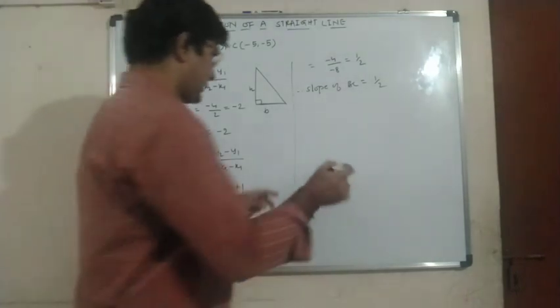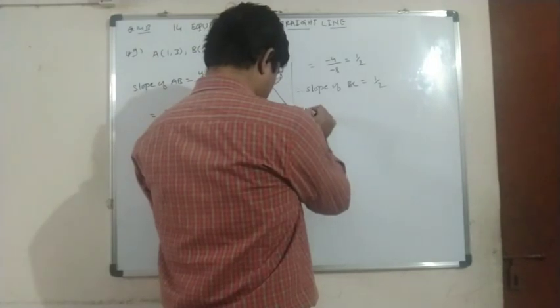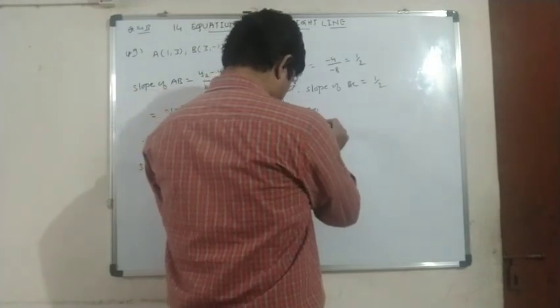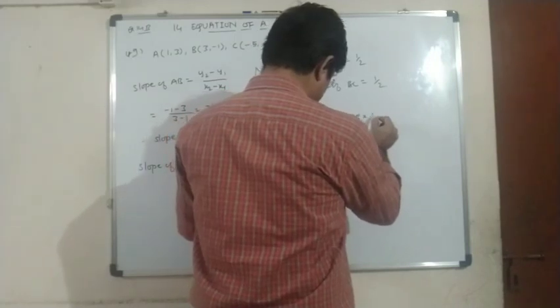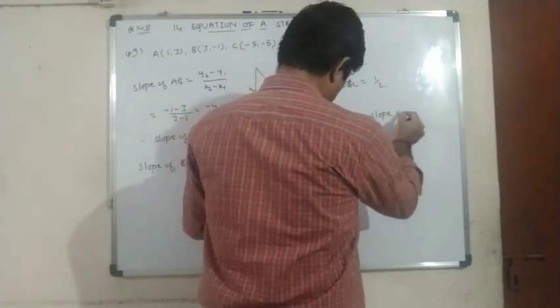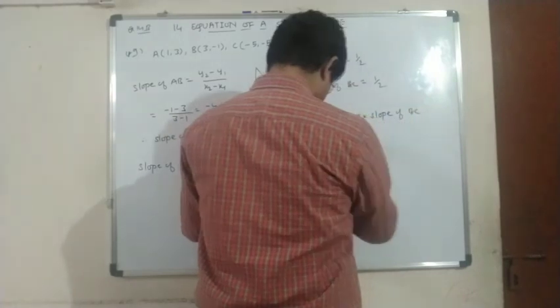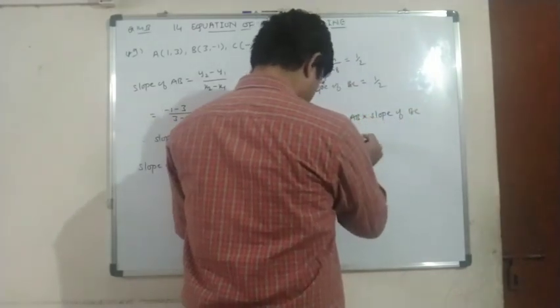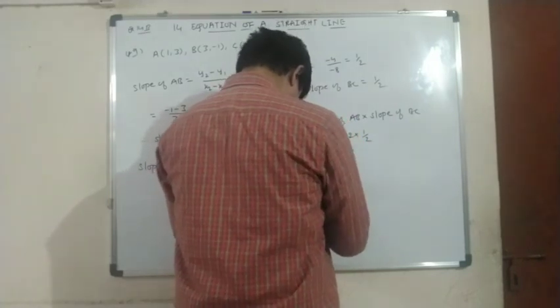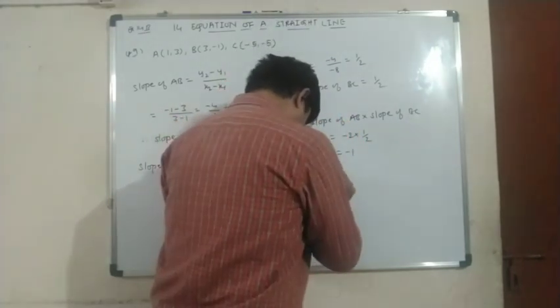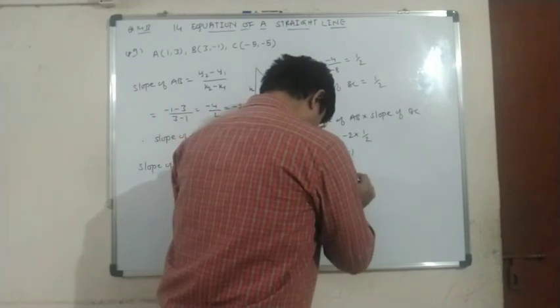Clear? So here now we will write down, now slope of side AB multiplied by slope of BC is equals to -2 multiplied by 1/2 is equals to -1, and therefore AB is perpendicular to BC.